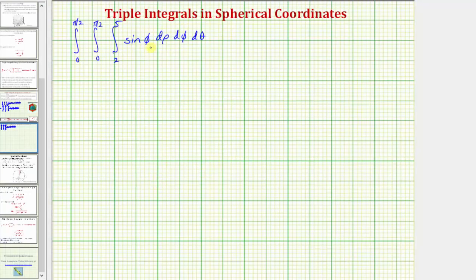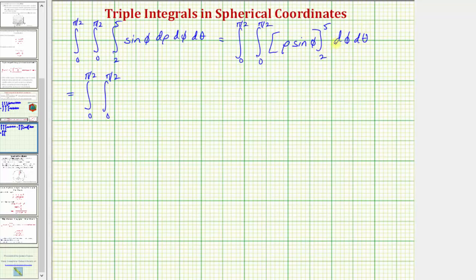So we first integrate sine phi with respect to rho, so we treat sine phi as a constant, and therefore the antiderivative is just going to be sine phi times rho, or rho times sine phi.